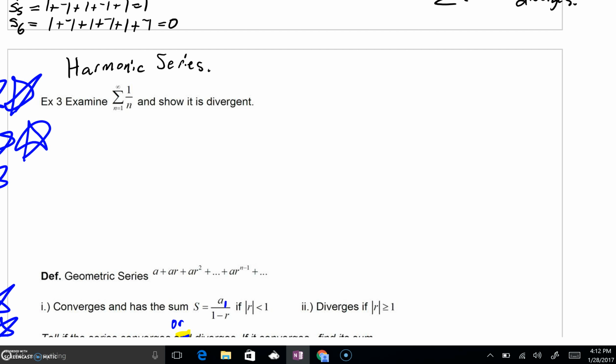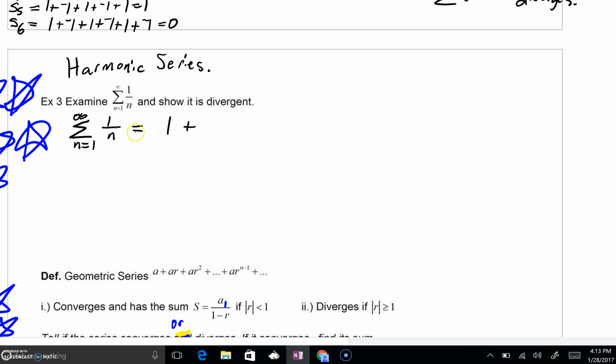And to help you see that, I'm going to do a little bit of a proof right now. Let's just examine what's happening as we look at this series. If I gave you 1 over n, and let's just expand and write out what this series would look like. The first term would, of course, be a 1.